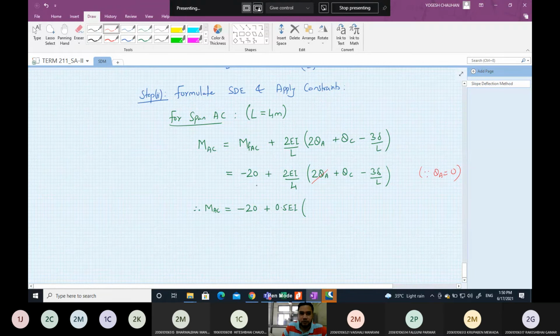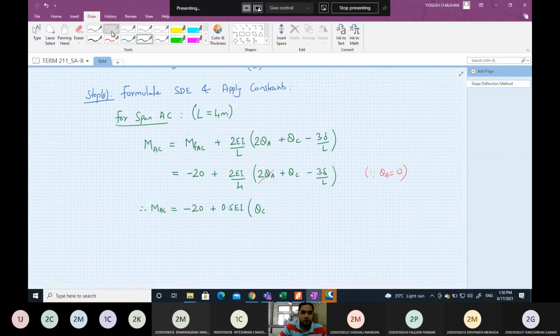You are left with theta C. And again this term will be 0 because your delta is 0, because there is no deflection of support A or support C. So you are left with only theta C. Mark this as number 1.